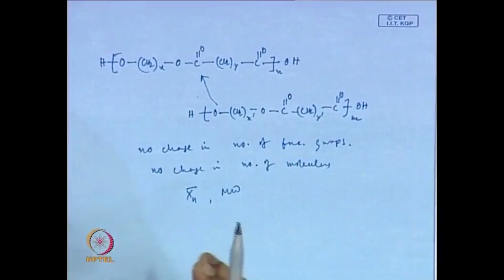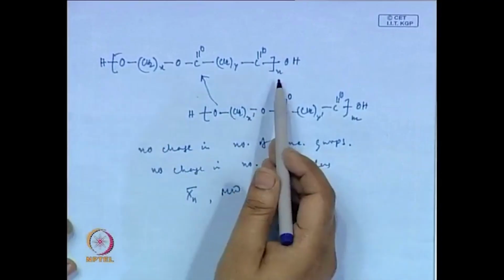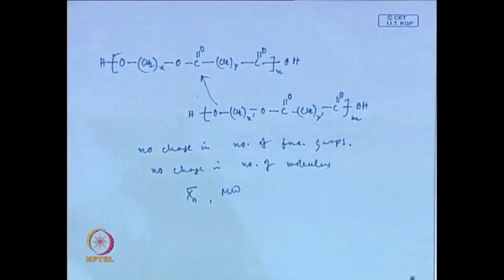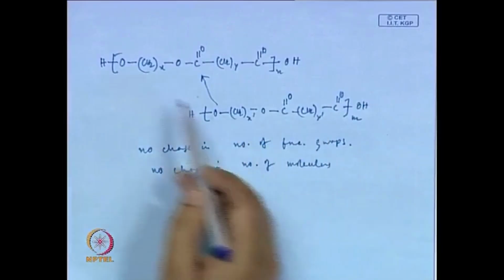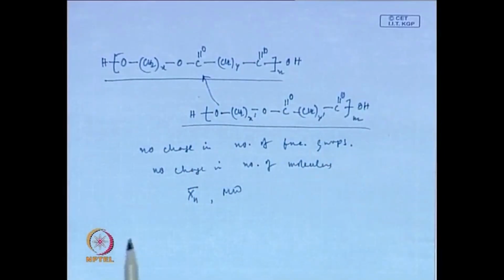For example, if you are not starting with two monomers, A A and B B type, but you are starting with two different oligomers and carrying out the reaction from there, then at the end of the polymerization you will find that these chains are reshuffled and they have a uniform composition across.